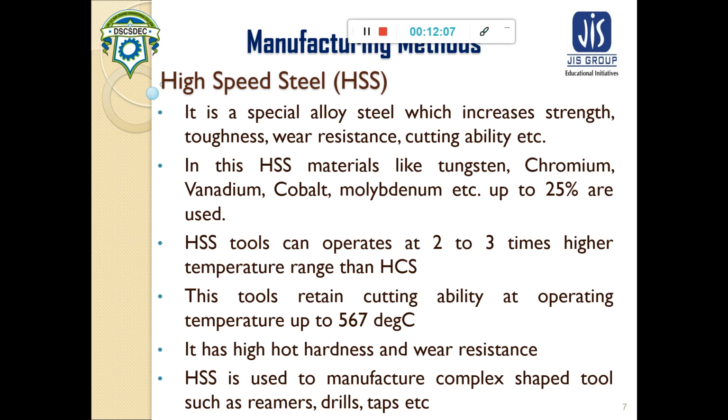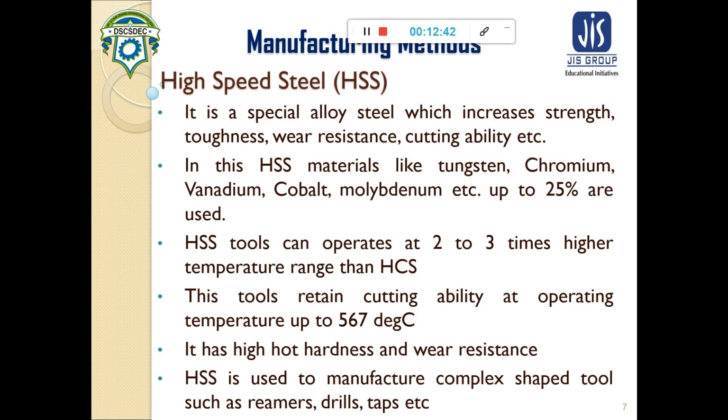In HSS material, tungsten, chromium, vanadium, cobalt, and molybdenum are used as alloying elements up to 25%. The hardness achieved in the HSS tool mainly comes from these alloying elements.